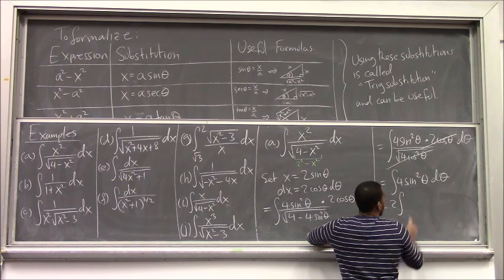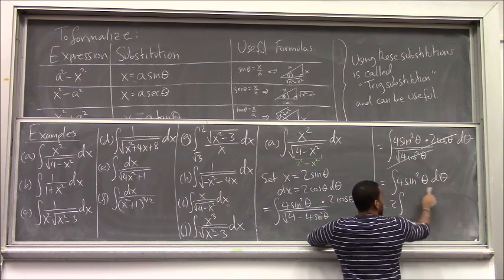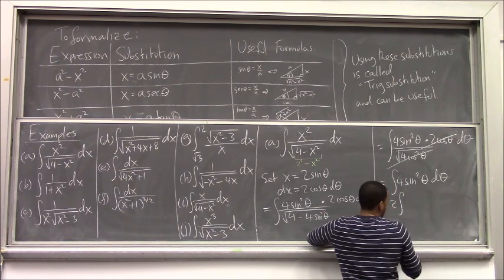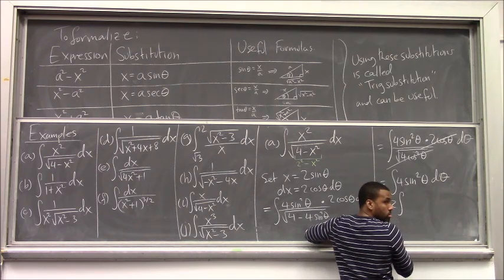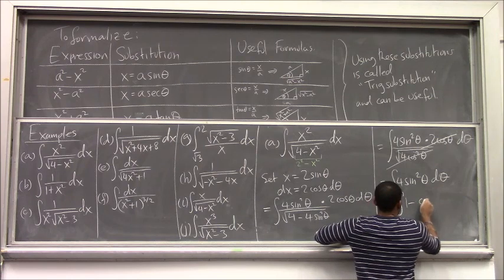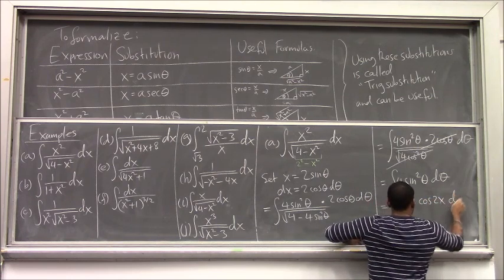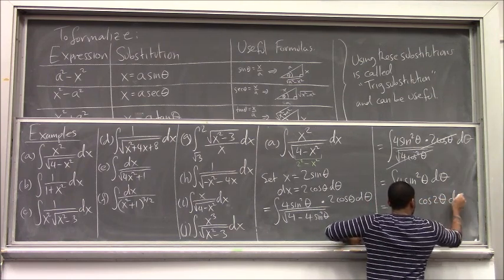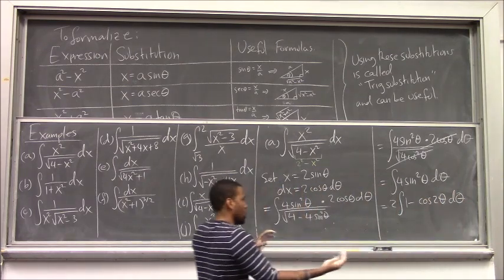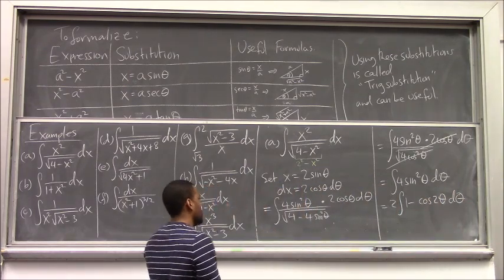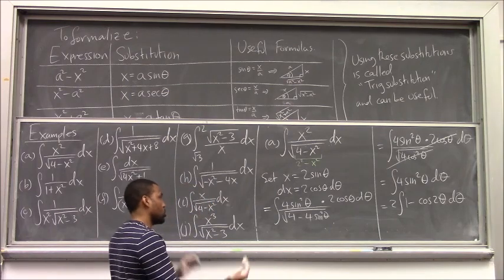What am I? It's a sine squared. Well, how do you change the sine squared? That's the formula you guys should have memorized last time. Sine squared is 1/2 times 1 minus cosine 2x. And cosine squared is 1/2 times 1 plus cosine 2x.